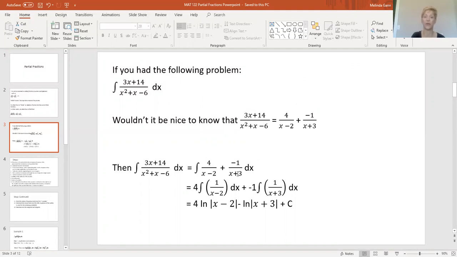In the same way here, the derivative of that denominator is 1, so the easiest way is to pull the negative 1 out. So I've just got natural log of this one and natural log of that one. Then the 4 comes down, and plus the negative is the same thing as minus. So if I knew that this one fraction was the sum of those fractions, this would be a super easy integration to do. That's what we're going to learn to do in this video.